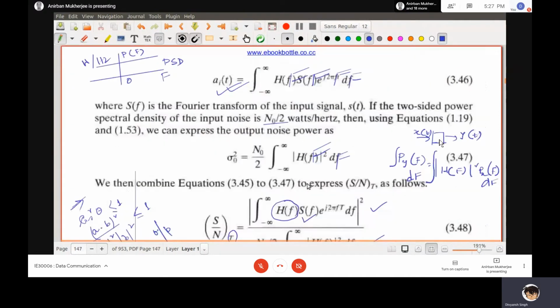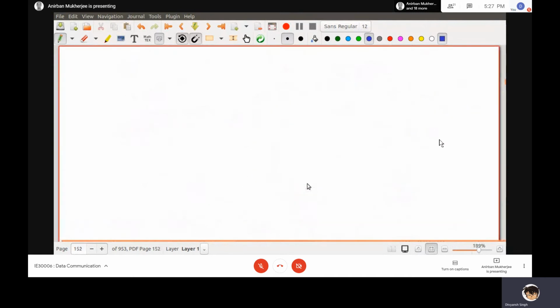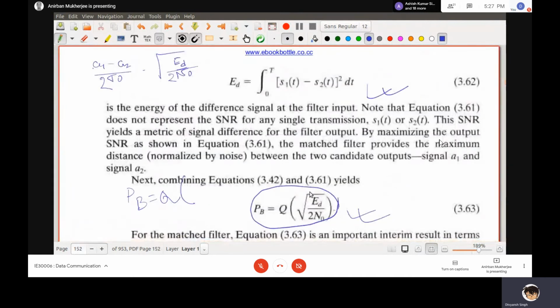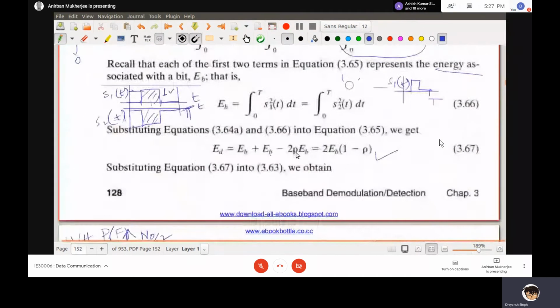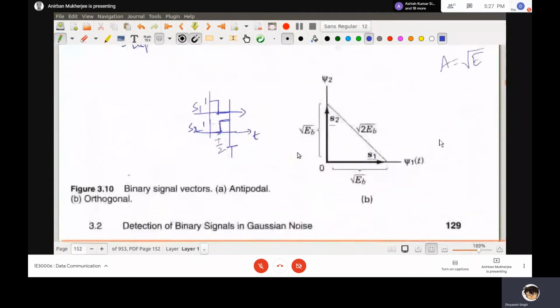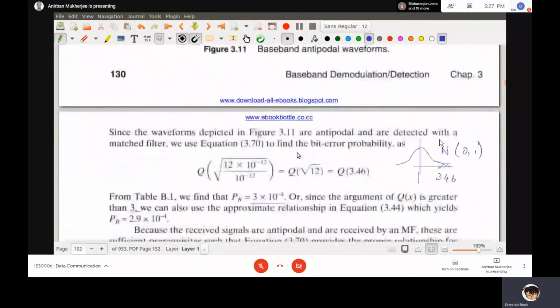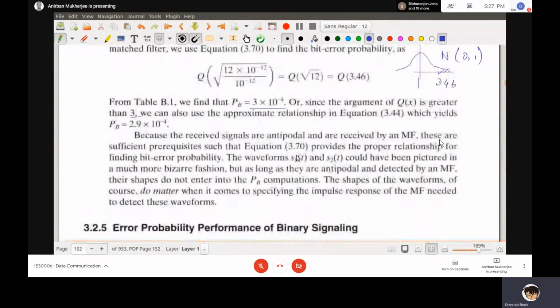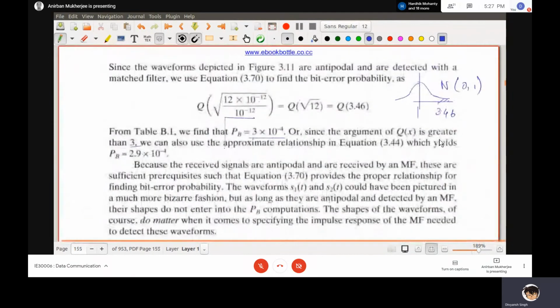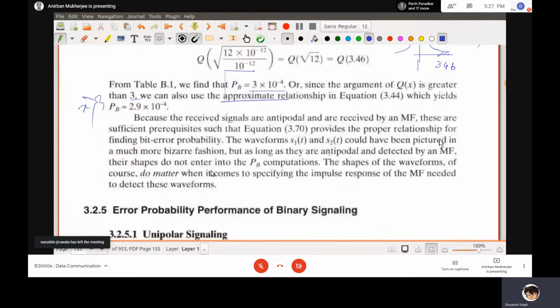So they have done the approximate relationship as x was greater than 3, the argument of Q(x).